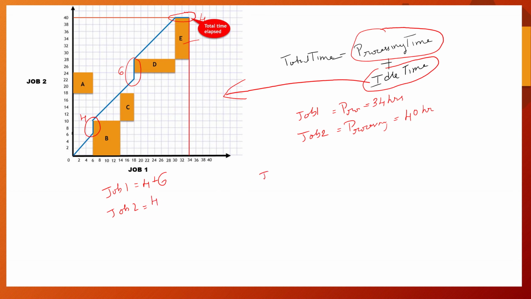So for total time, the processing time of job 1 is 34, idle time is 10, and the processing time of job 2 is 40 plus idle time of 4.